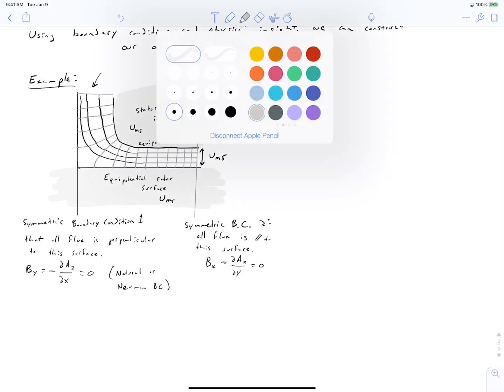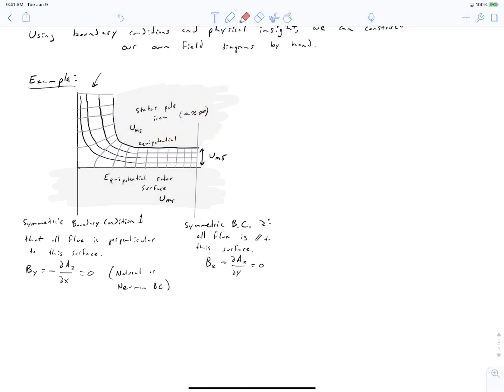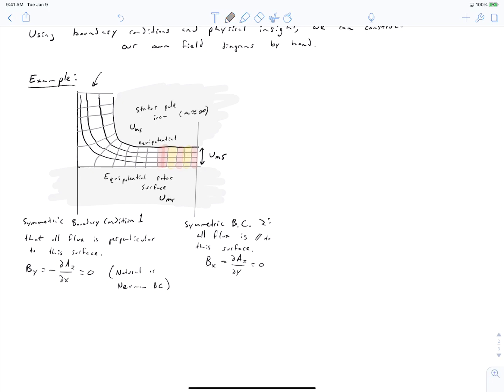Each of these lines represents a flux path. So we have a flux tube here, we have a flux tube here, and then in between them we also have flux tubes. And each of those flux tubes is a reluctance. And so we can use these observations about flux entering and exiting high permeability surfaces perpendicular, and then our physical insight into the system to impose boundary conditions.